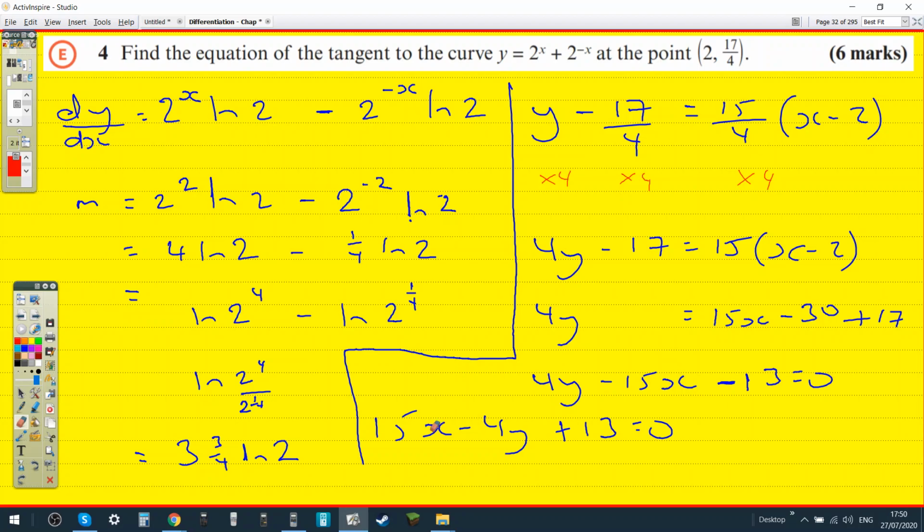Any questions there? Yeah, it's not that bad. So that one should be 15 ln 2 x minus 4y minus 13 ln 2. Yes.